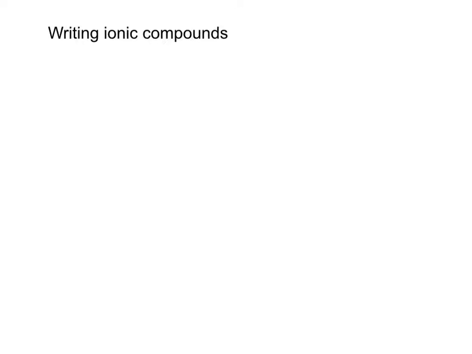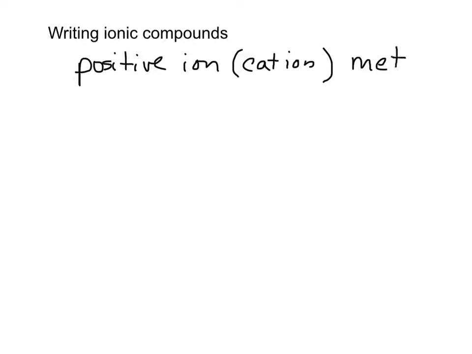When you write ionic compounds, you always write the positive ion or cation first. So that's the metal in our last example. So positive ion is called a cation. That's the metal, so you write that first. And then you write the nonmetal or the anion second.